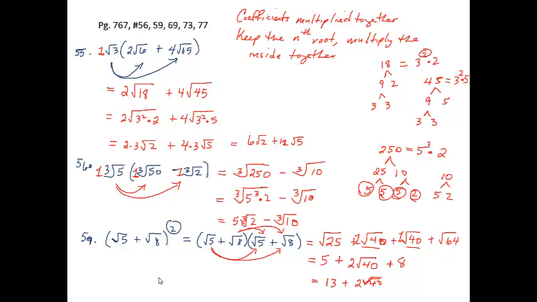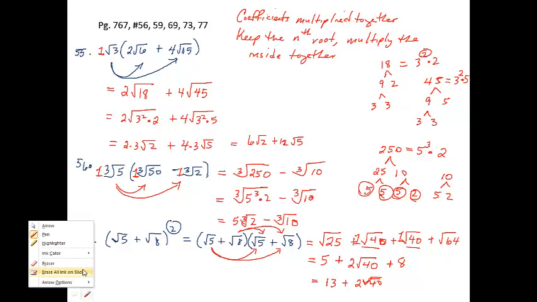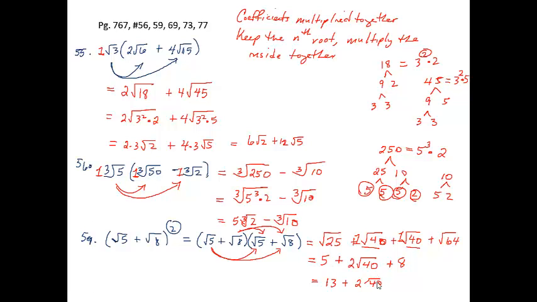of 40. And actually, I'm going to simplify the 40. So let me erase it right here. We can simplify 40. 40 breaks down into 4 times 10. And 4 is the same as saying 2 times 2. So this becomes 2 squared times 10.